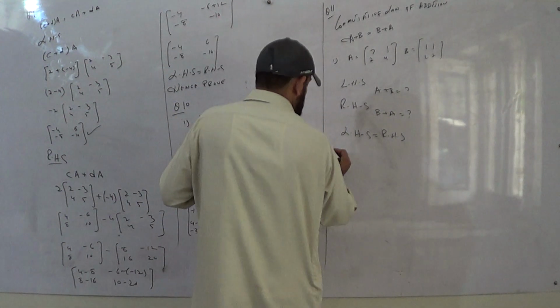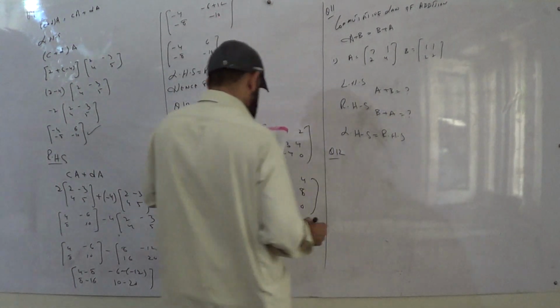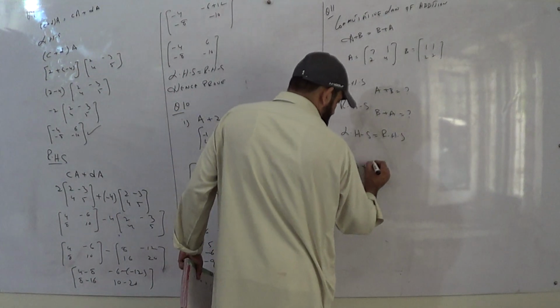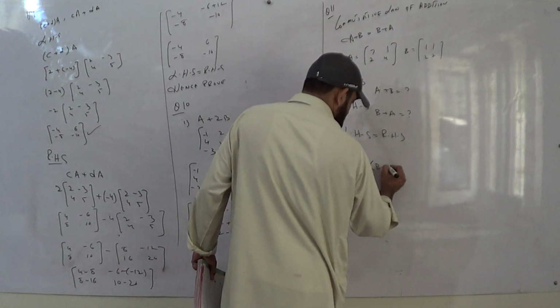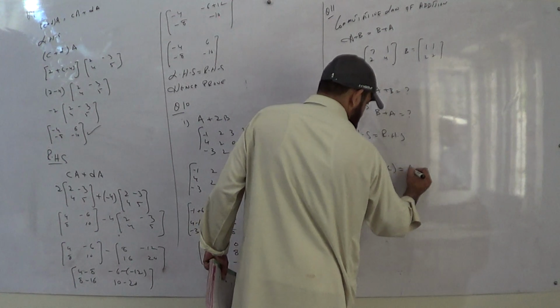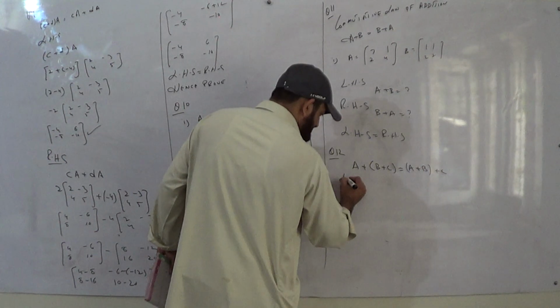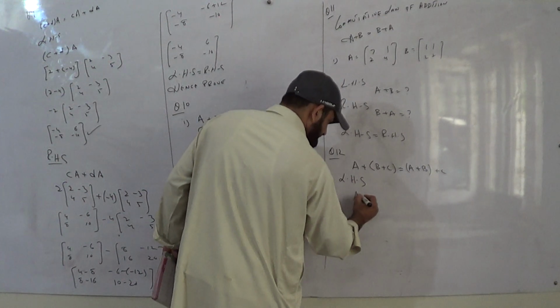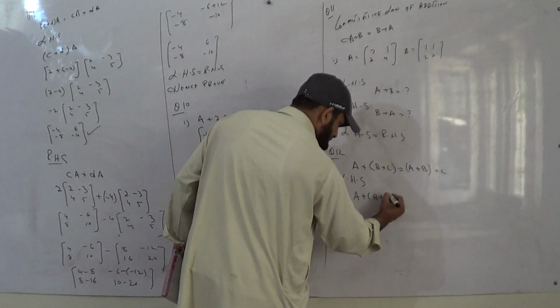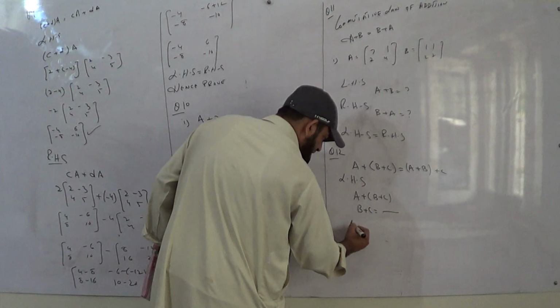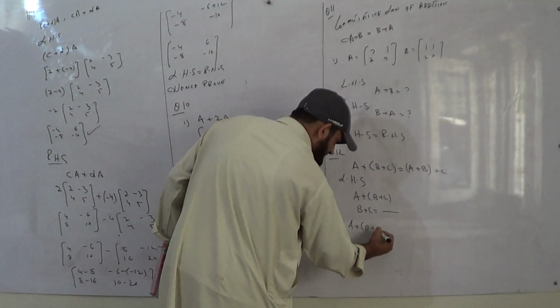Now, same as question number 12. A, B and C are given. We prove the associative law of addition. We take first the left hand side. First we solve B plus C, then A plus (B plus C).